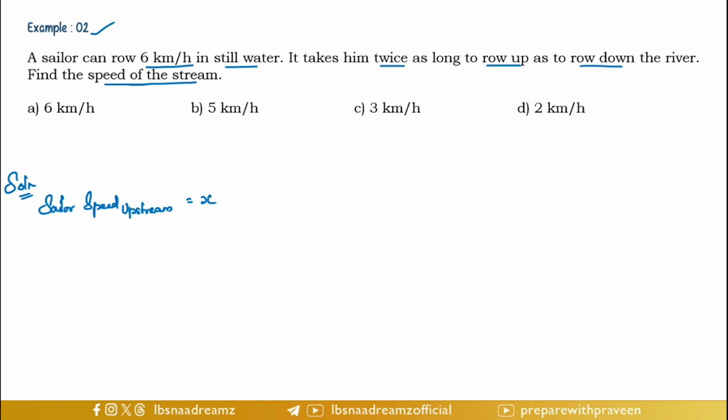So from the question we can understand that downstream speed is equal to 2x, because it is twice of upstream speed.